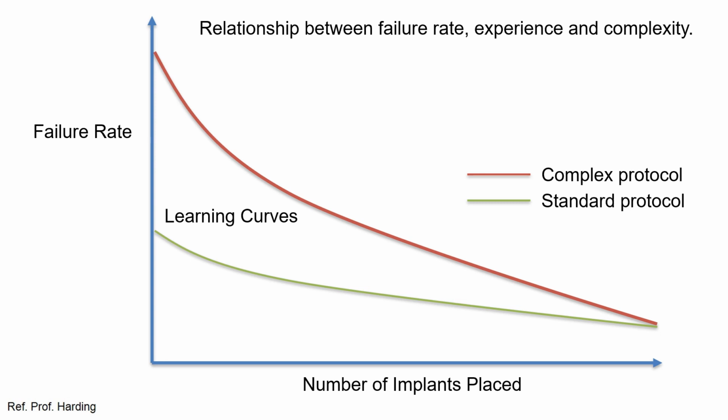Remember, implants in the posterior regions of the jaws have higher failure rates than implants in the anterior. So again, if you're starting out and relatively fresh to implantology, then place your implants in the anterior zones. Access is much better and the bone quality and quantity is often much better in these regions.